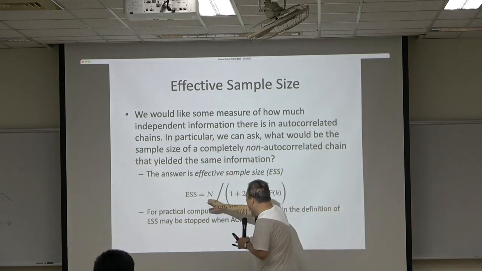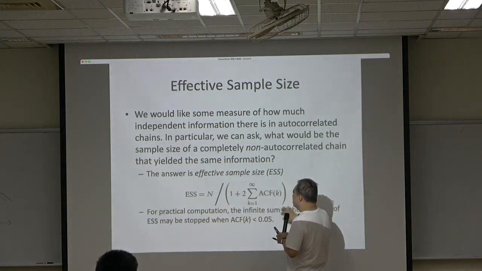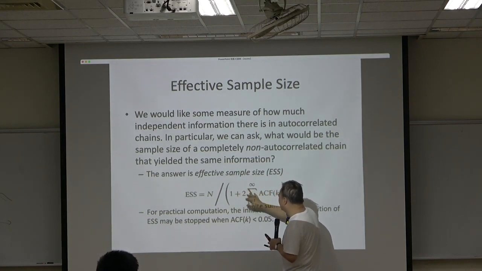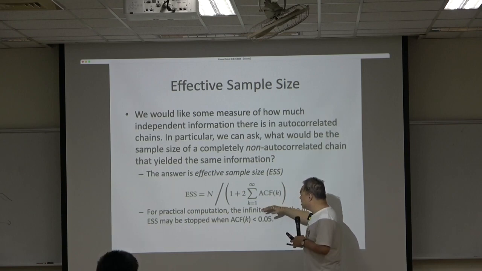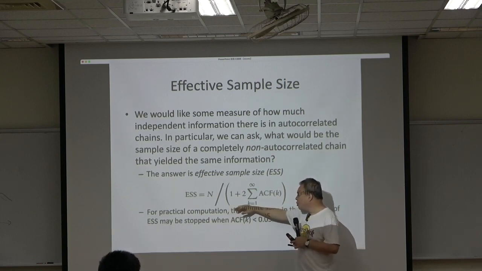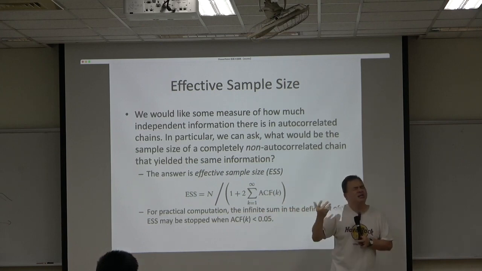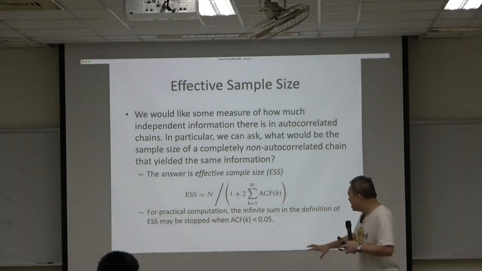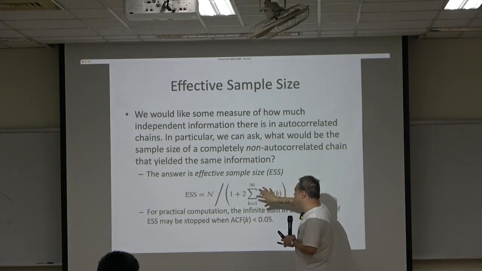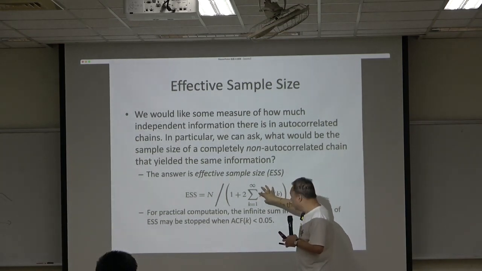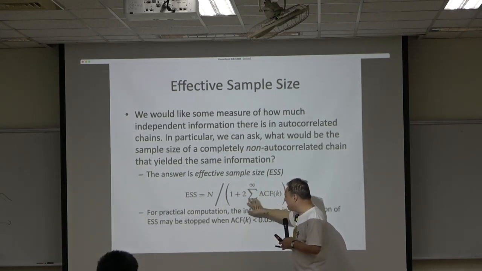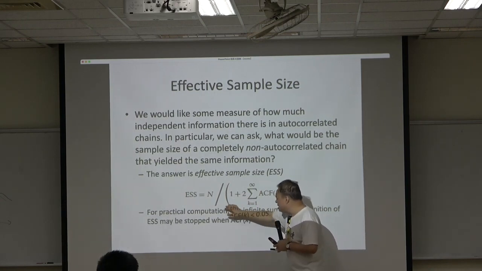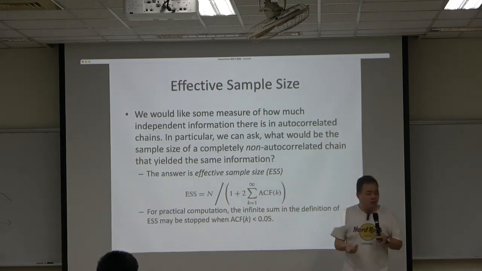But this N is divided by the parenthesis 1 plus 2 times the summation from k equals 1 to infinity of ACF(k). Because autocorrelation is almost guaranteed to be greater than 0, this value is not likely to be negative. So the denominator is greater than or equal to 1.